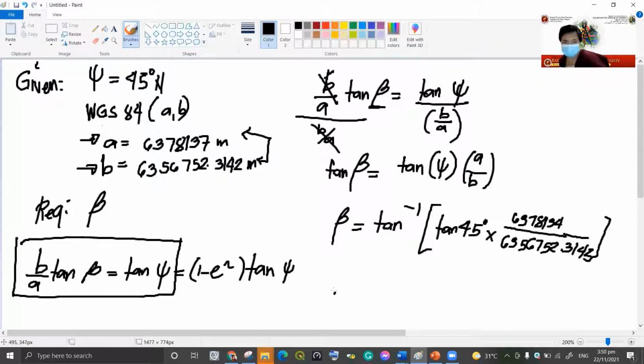Okay, so let's compute: shift tan, tangent 45 degrees times 6378137 over 6356752.3142.